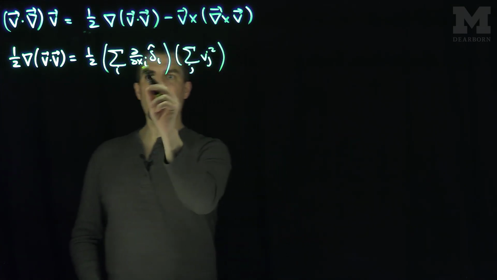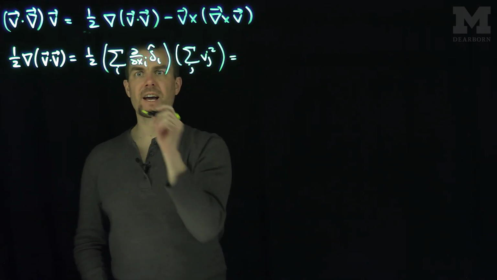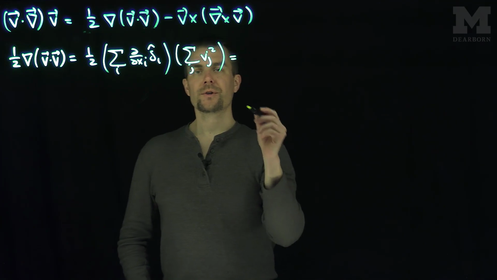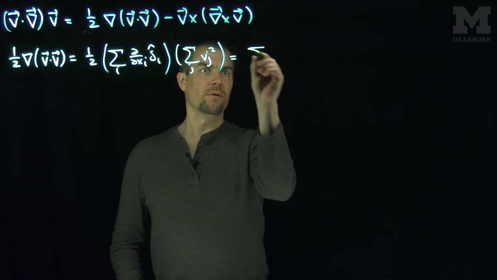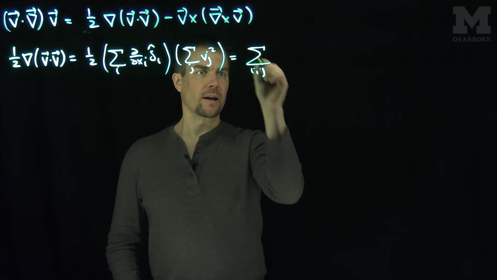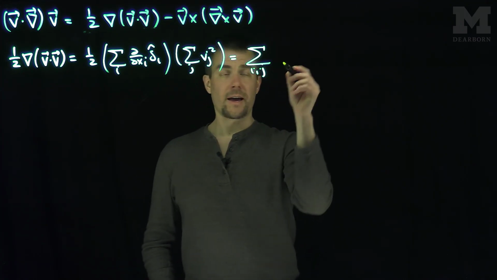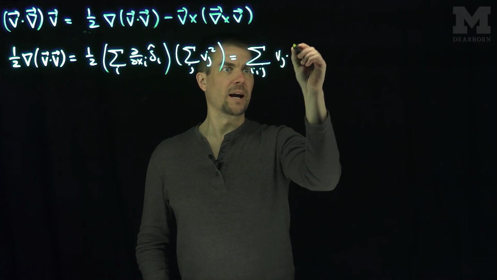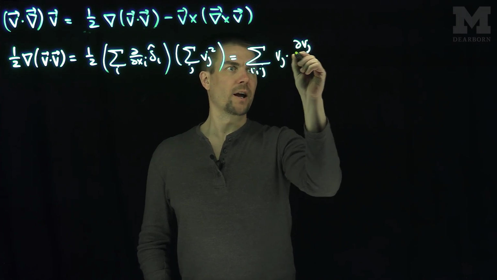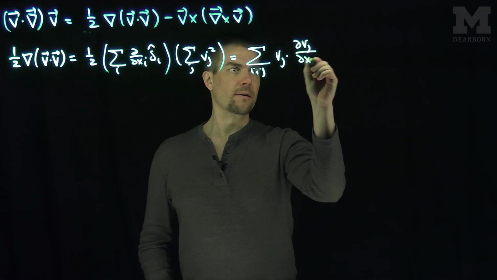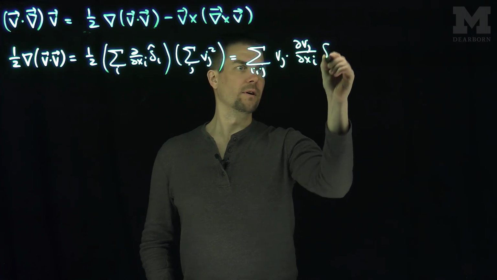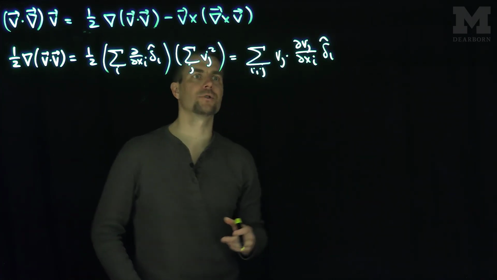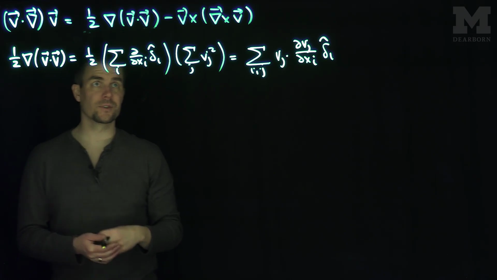When we do the xi derivative of this, the 1/2 cancels out, and we have the sum over i and j of vj times partial vj partial xi in the direction of i hat. So that's what that first expression gives, something relatively simple.